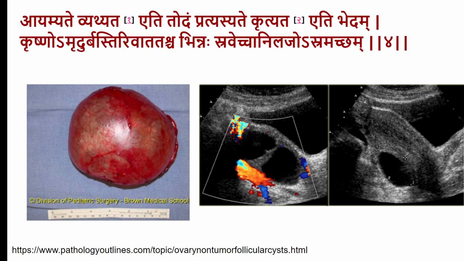A hemorrhage is usually a complication of any of the cysts, more frequently in the case of the ovarian cyst, which presents with acute pain, and that's exactly the Vataja variety of the Granthi according to Sushruta. The difference is we now consider hemorrhage as a complication of the cyst, whereas Sushruta considered that hemorrhagic cyst as a type of cyst, Vataja.